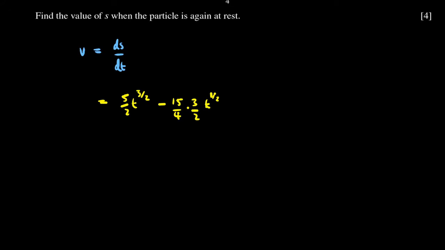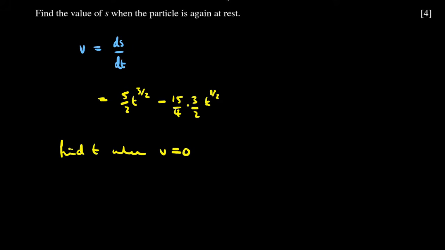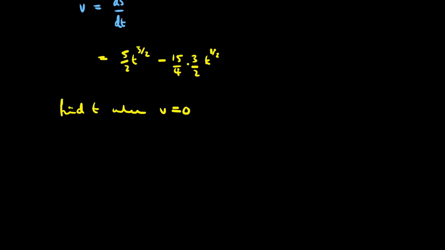Then I want to find when the velocity is 0. So find t when v is equal to 0. I'm going to set this equal to 0. So I've got 5/2 t^(3/2) minus 15 times 3, that's 45, over 8 t^(1/2).